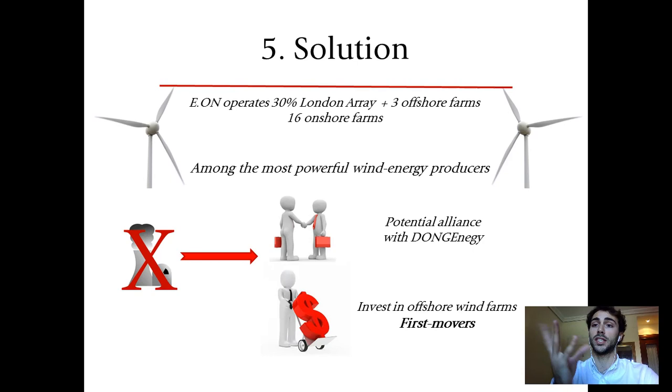So this will mean that by the time nuclear plants are phased out in most countries, as it's happening in Germany and will happen in the whole of Europe, the ones whose energy portfolio depended mostly on nuclear will find it difficult to break into the wind energy market, as Ian will be already established. Moreover, the London Array is shared with Dong Energy, and already having contact with a powerful company can make it much easier for Ian to one day create a synergy with them, so they can create projects together.